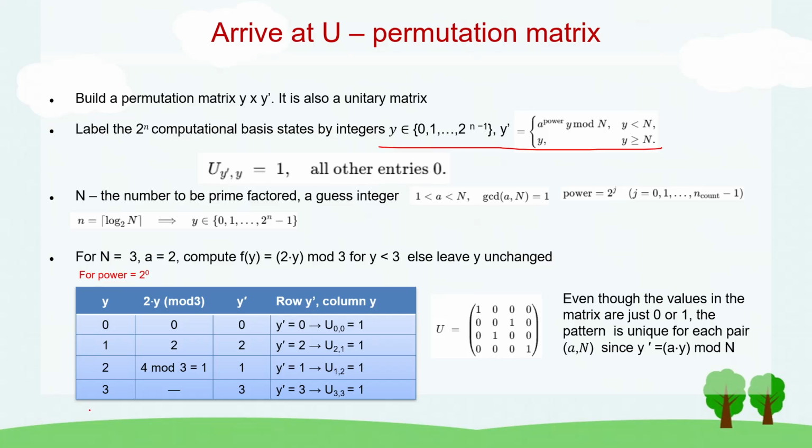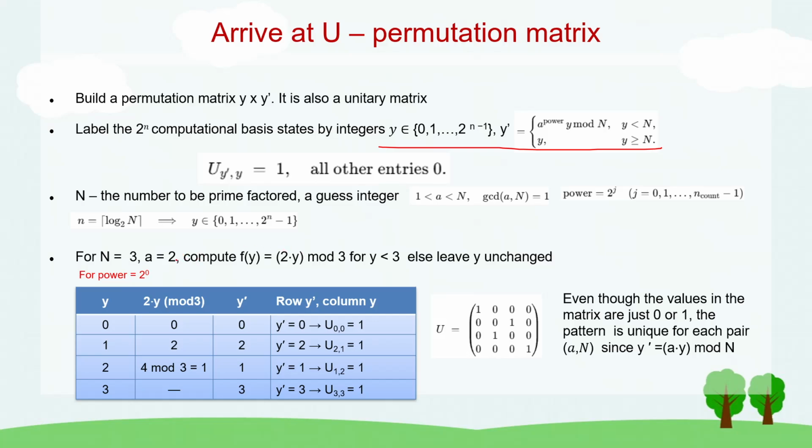So y is 0, 1, 2, 3, and 2y mod 3. I'm doing 2 times y because a equals 2.